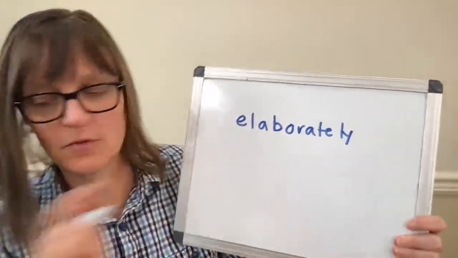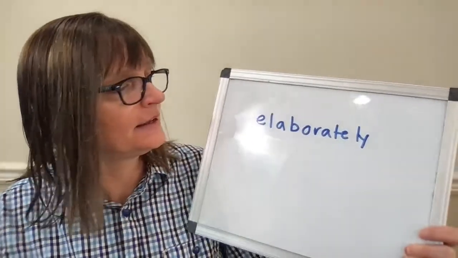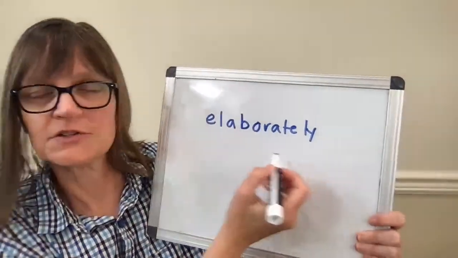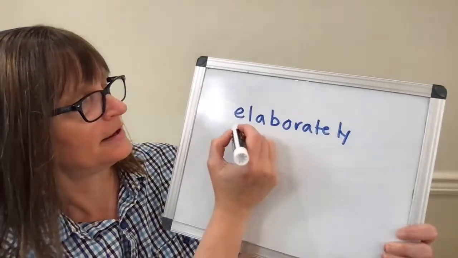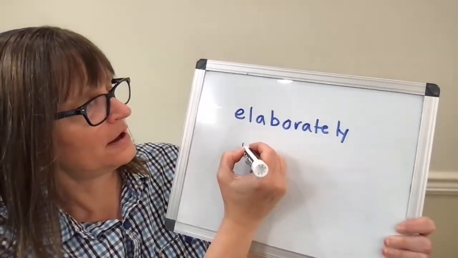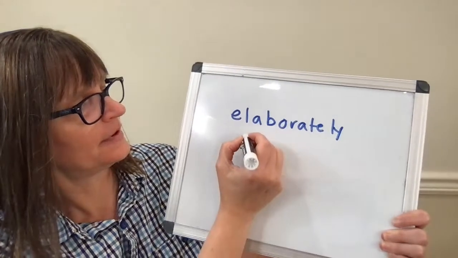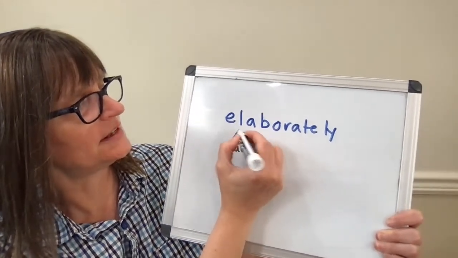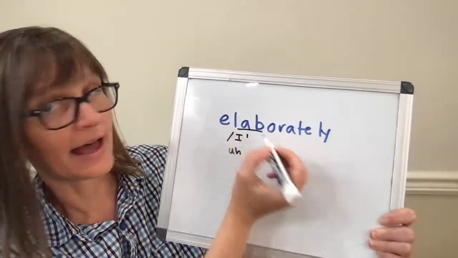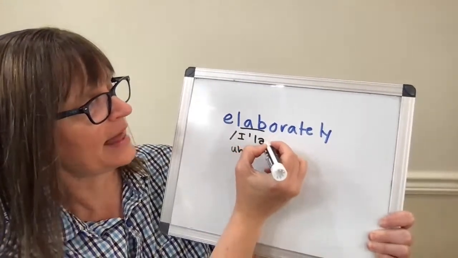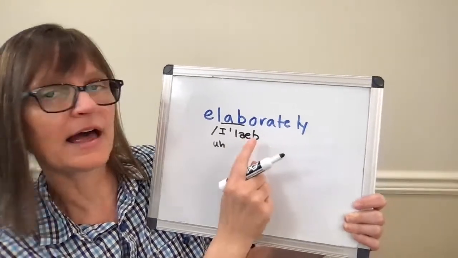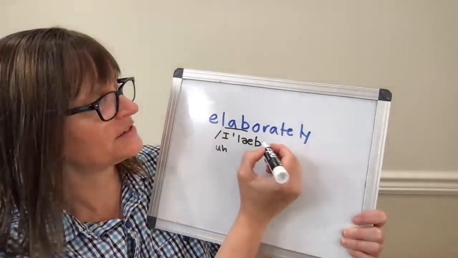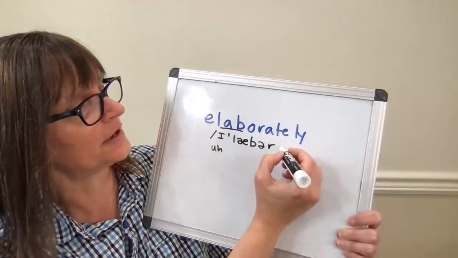So when I say elaborately, the unstressed syllables become reduced down to just one syllable. So it sounds more like an uh or an I. In the dictionary, we'll probably see an I, elab, stress on the lab syllable. That has the black cat vowel. And then rather than elaborately, you might see that in the dictionary, elaborately.